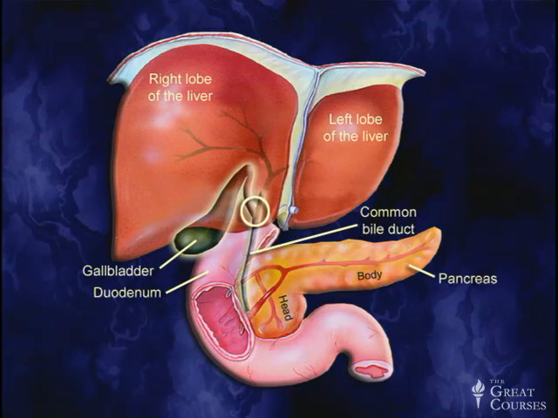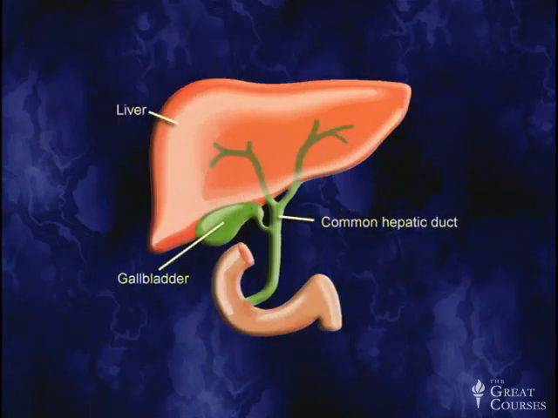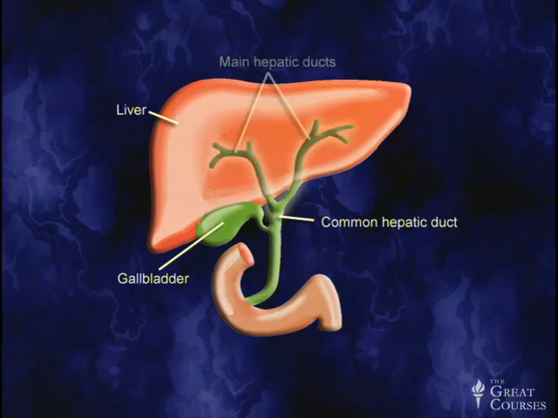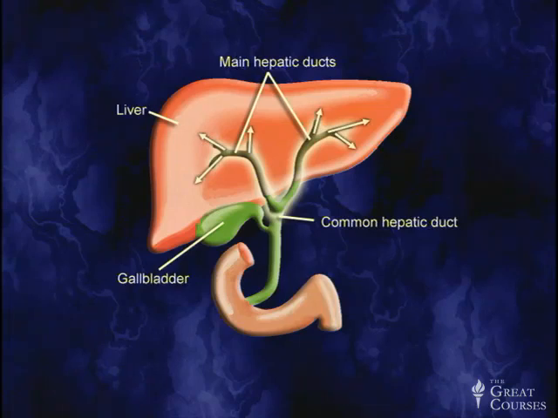Now, if we take a close look at the gross structure of the bile ducts, we tend, in general, to have a right and left main hepatic duct. These are joined by branches, and even though we tend to look at a tree this way with the branches going up, obviously the flow is this way.